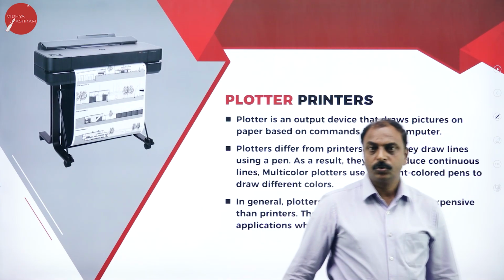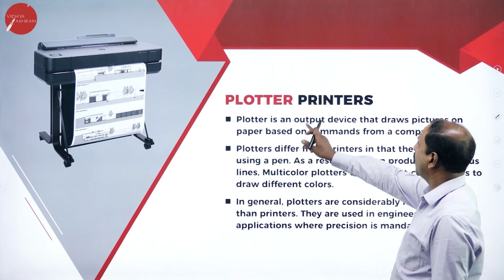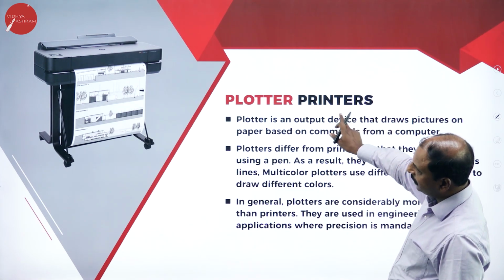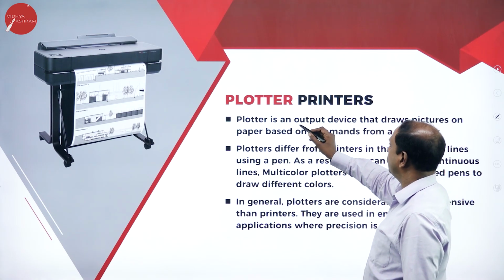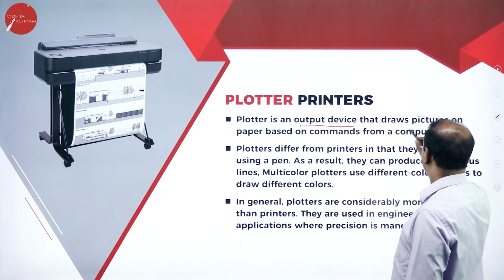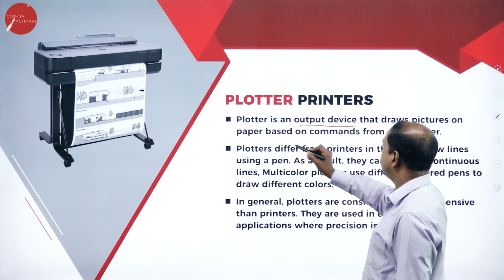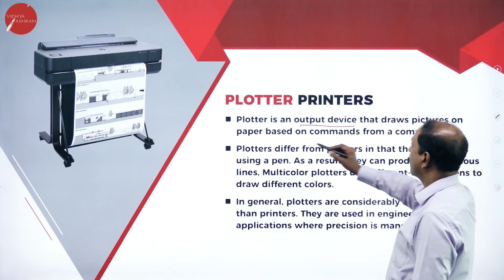Now let us move on to one more device called plotters. You can see the image of a plotter here. A plotter is an output device that draws a picture on paper based on commands from a computer.